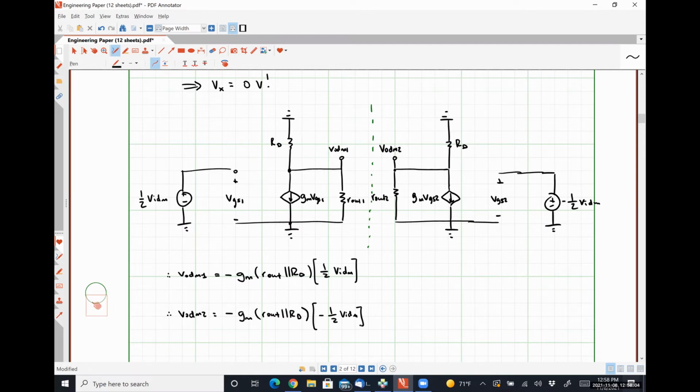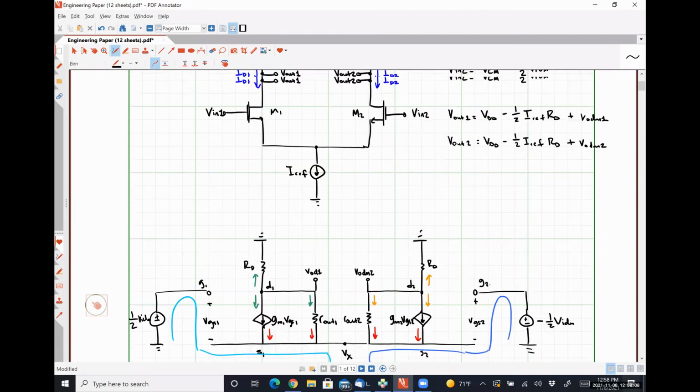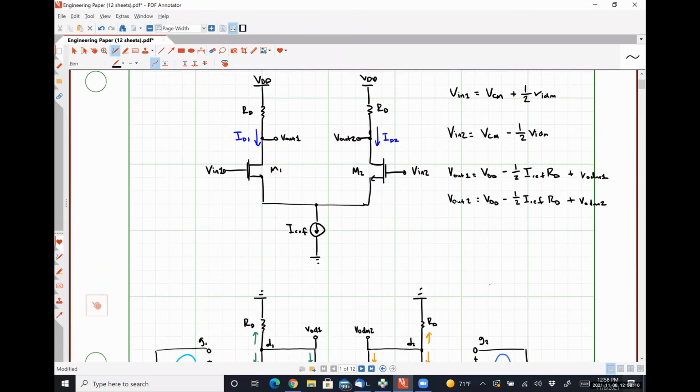And I want to scroll up here for just a minute, right? So we figured out what this bit is here and what this bit is here.